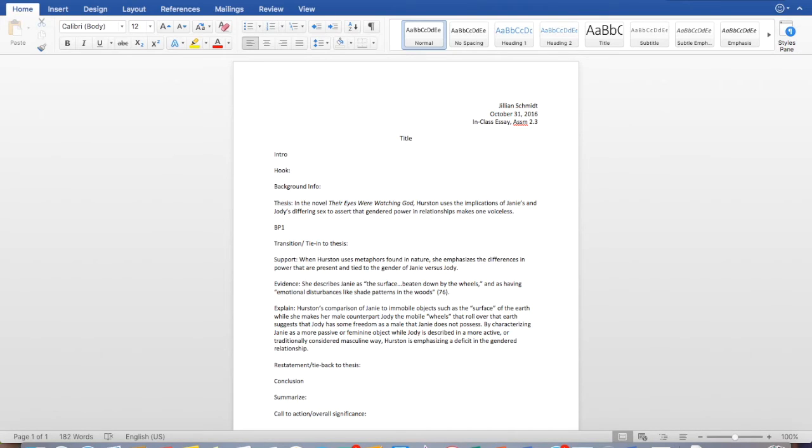Hurston is emphasizing a deficit in Janie's power as, I'm just going to erase that because that does not work. as the two interact in traditionally gendered ways.